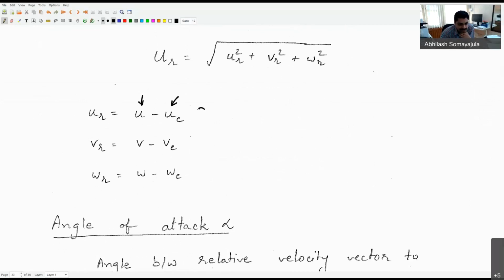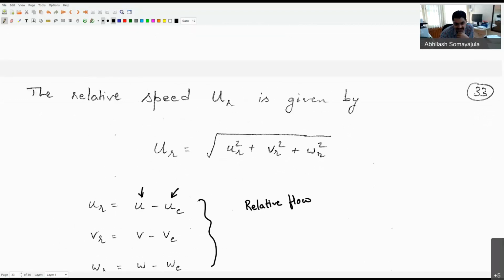Is this making sense? Yes, sir. This is the relative flow. So we are taking the velocity of the body minus the velocity of the current, and that gives us this relative speed.